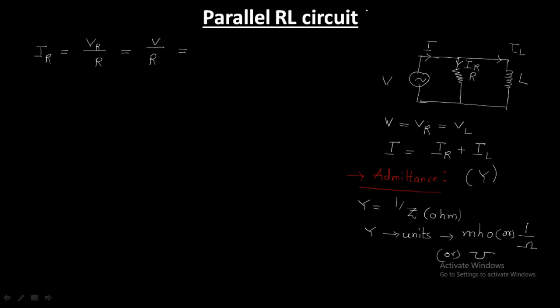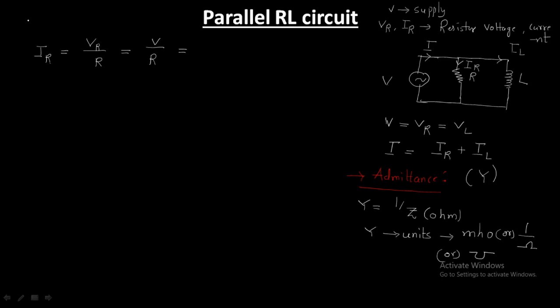It is better to write small notes here: V is the supply, VR and IR are the resistor voltage and current.